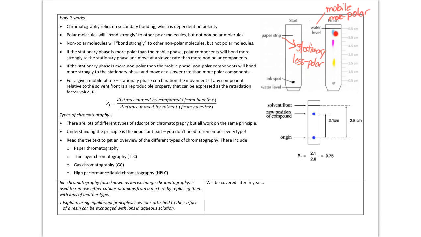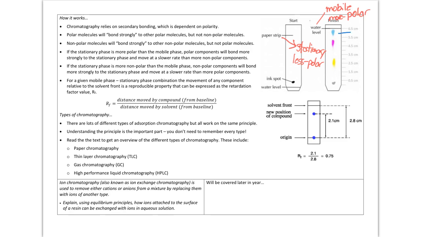However, the blue dot up here is probably the most polar phase because that's actually wanted to stay with the water, which is the more polar component of this. The mobile component is more polar than the stationary, so the blue dot would be more polar. So maybe we could mark that here.